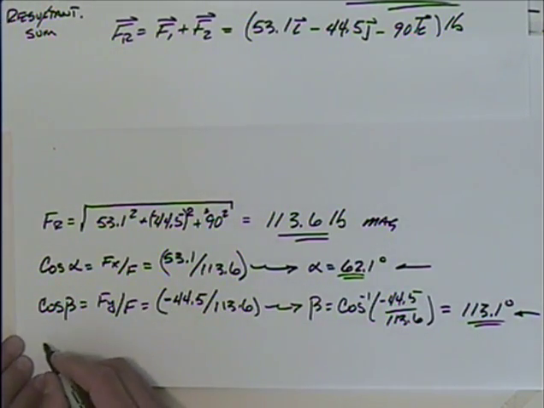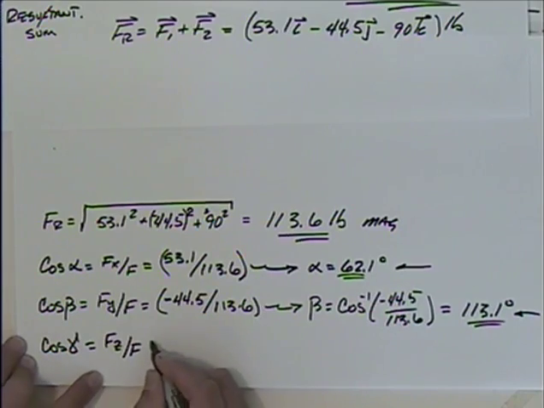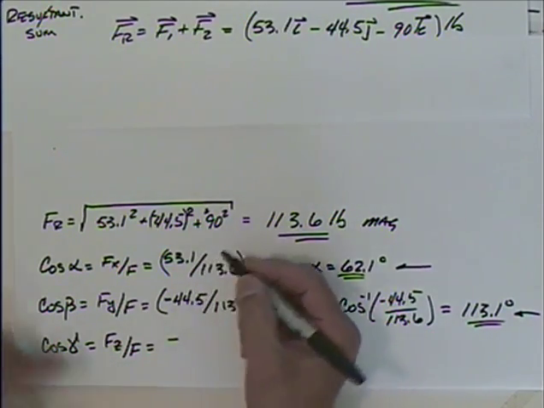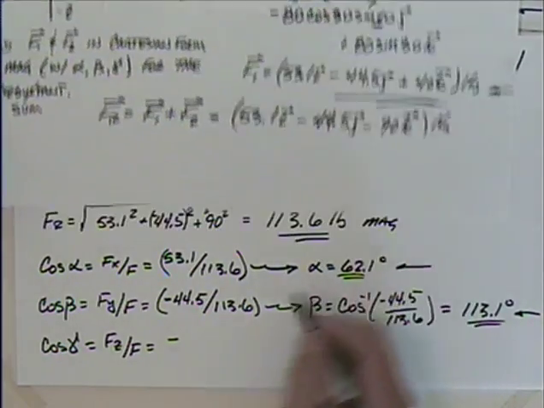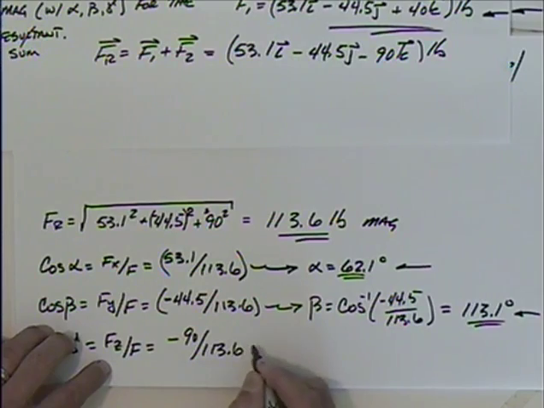Well, let me then finish up. The cosine of gamma is equal to Fz over F, which would be what? Minus, I've got to be careful to put the negative in there, the minus 90 divided by 113.6.